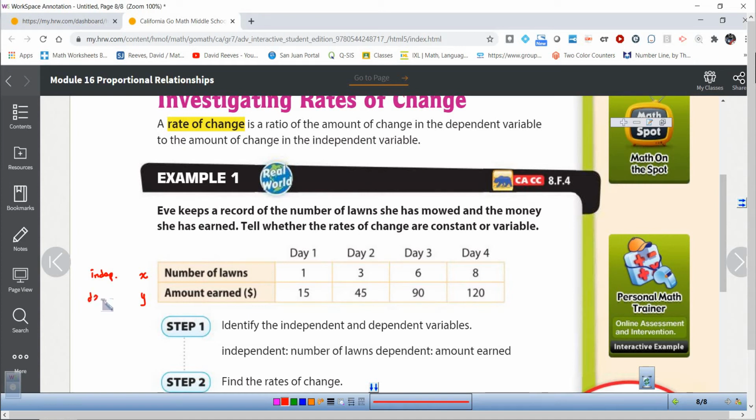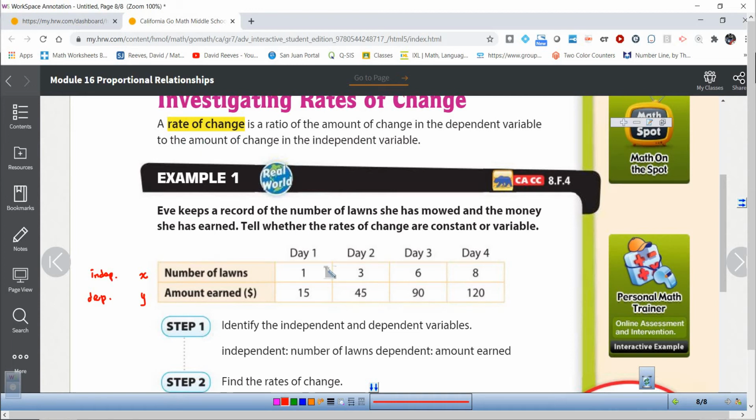What depends on the number of lawns that she mows is the amount she earns. The more lawns she mows, the more money she earns, right? So the amount earned depends on the number of lawns. So we say the variable x is independent, representing the number of lawns, and the variable y is dependent, representing the amount earned. All right?